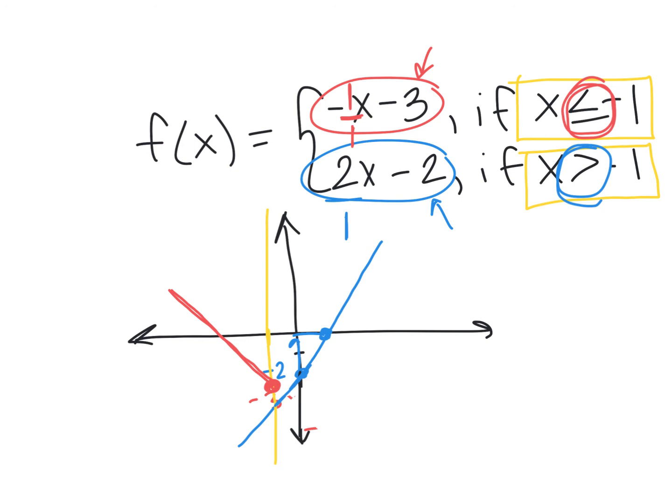So let's go ahead and erase the part on the other side of the yellow line that is in blue. Okay, so blue is only to the right side of the yellow line. And I will give the blue line an open circle when it hits the yellow line because my inequality says greater than, not greater than or equal to.